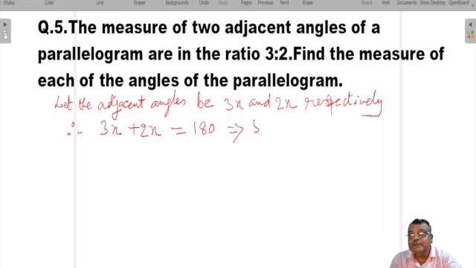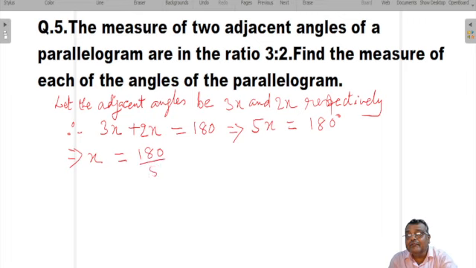This implies 5x is equal to 180 degrees. That is why x is equal to 180 divided by 5, which is 36 degrees. X is 36 degrees. Find the measure of each of the angles of the parallelogram.